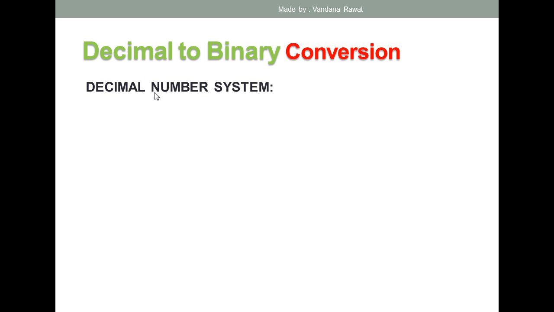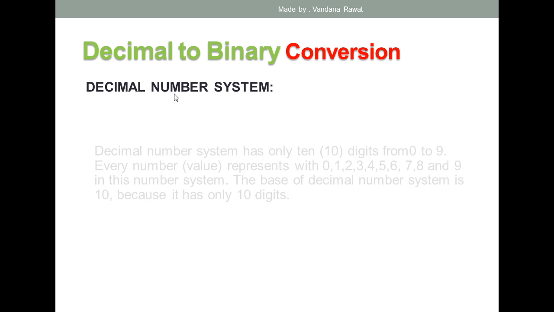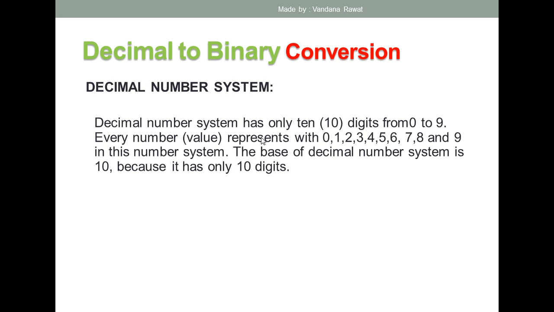First of all, what do we mean by decimal number system? In the decimal number system, the base is 10. As I have told you, you always start a digit from 0. If the base is 10, then it starts from 0 and goes up to 10 minus 1, that is 9.